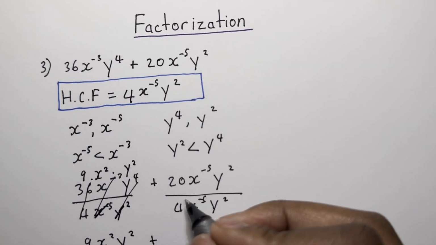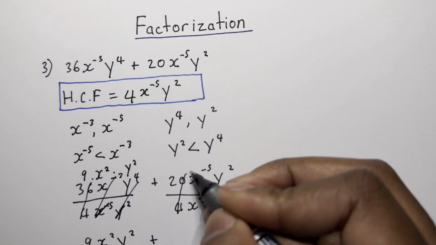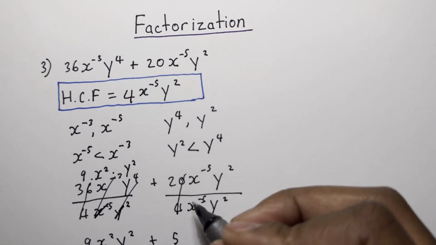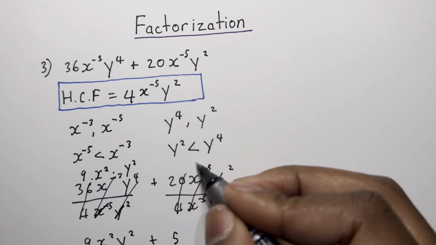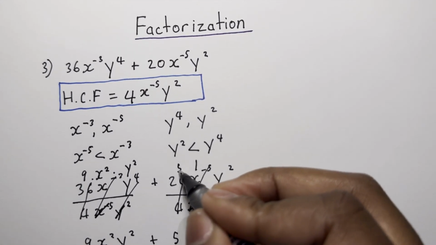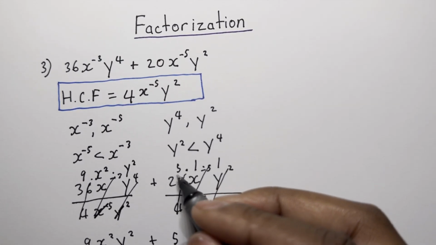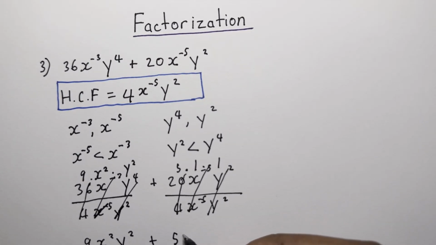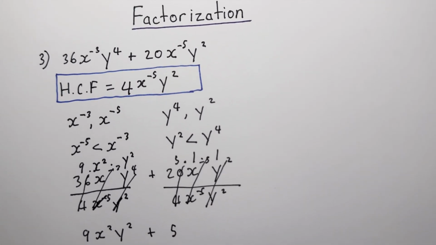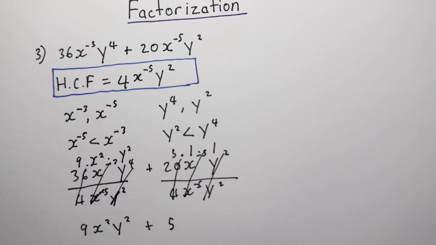Now let's do this side. 4 into 20 gives us 5. X to the negative 5 into x to the negative 5 is 1. Y squared into y squared is 1. So our answer is 5. Sorry if you did not see when I was writing this part. Now we're not finished with our answer.